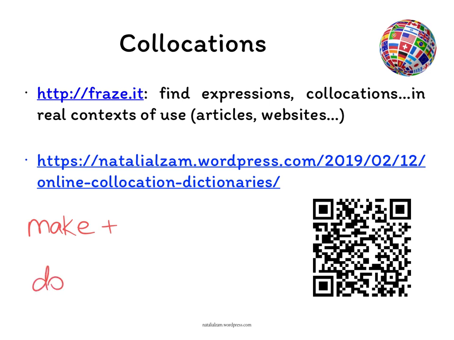You have to use the word do and then a certain noun. Okay, so to know if an adjective and a noun go together, or what kinds of verbs typically go with some nouns, you need to know the right collocation.